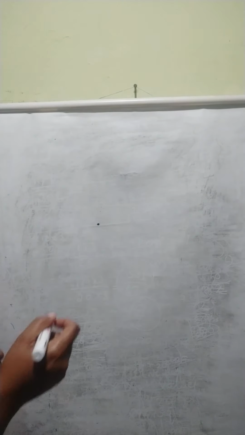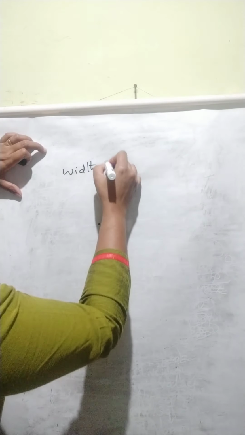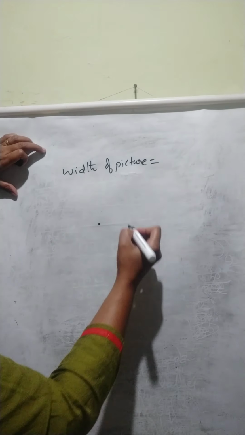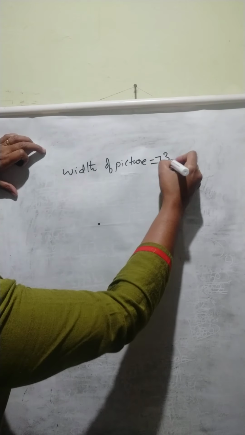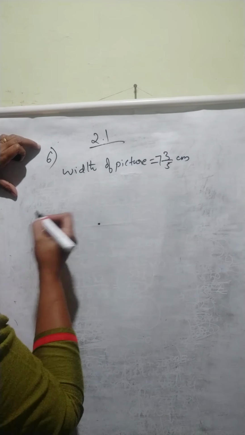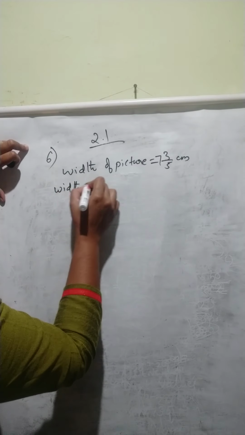So the question is, there is one picture, and the width of the picture is given as 7 3/5 centimeter. Then the next clue is the width of the frame.